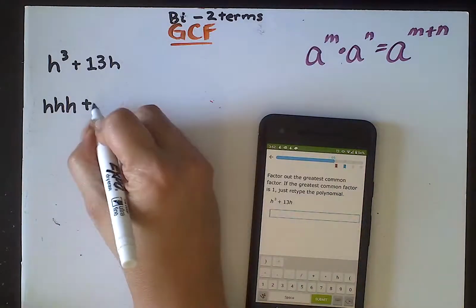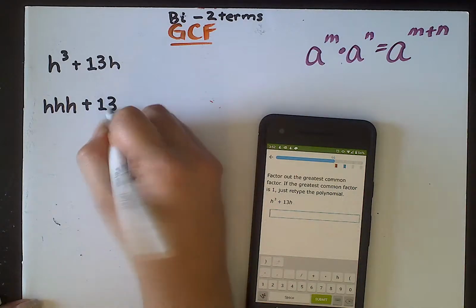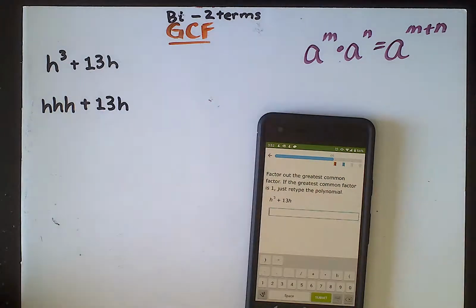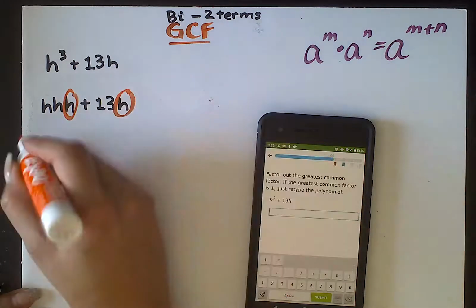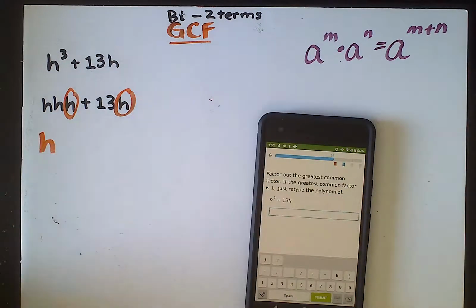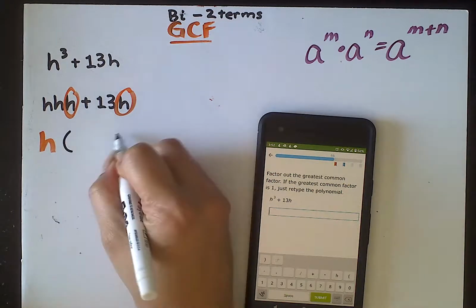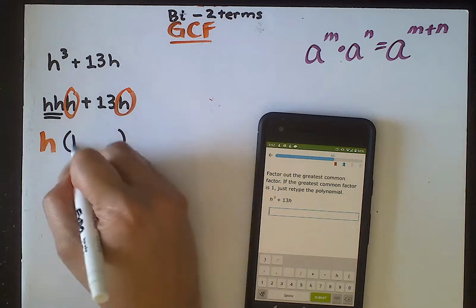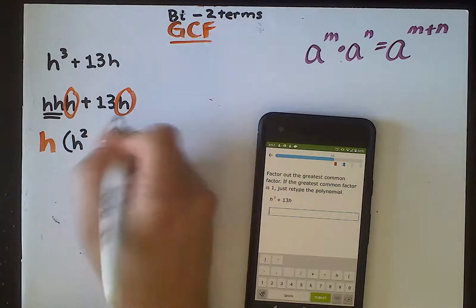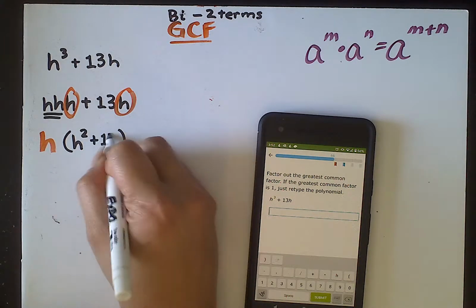So I'm just going to bring over 13 and my h. In that case, the only thing that these two terms have in common is h. Because it is a binomial, I should have two terms inside of my parentheses, which should be h times h is h squared plus 13.